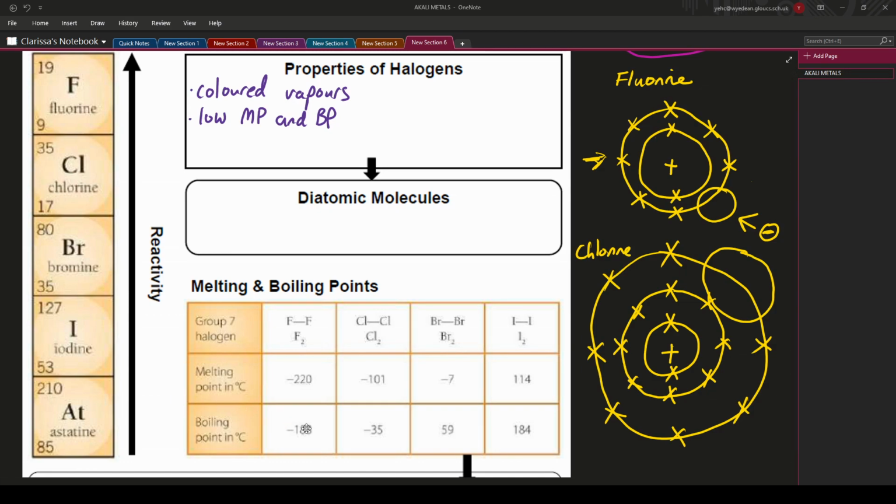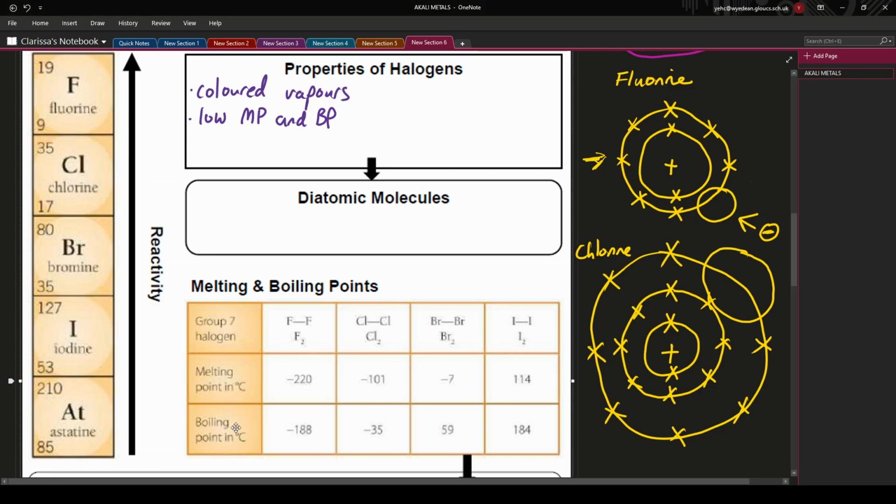It is fluorine and chlorine are going to be gases because they boiled all the way down in the negatives, meaning they already became gases way low, whereas we're going to have to heat things up to 59 degrees before bromine turns into a gas, and we would have to heat things up to 184 before iodine turns into a gas.